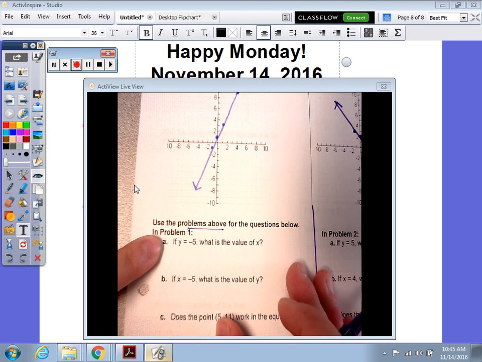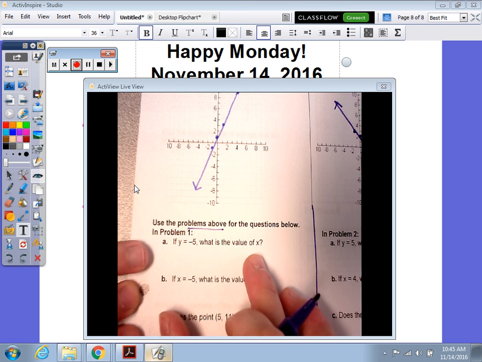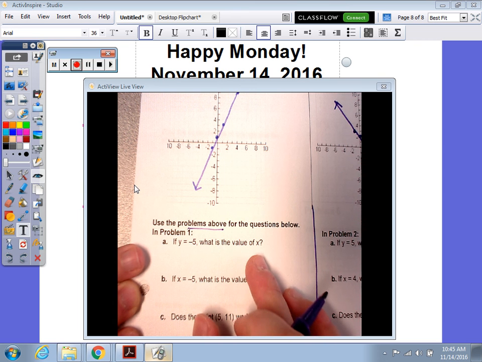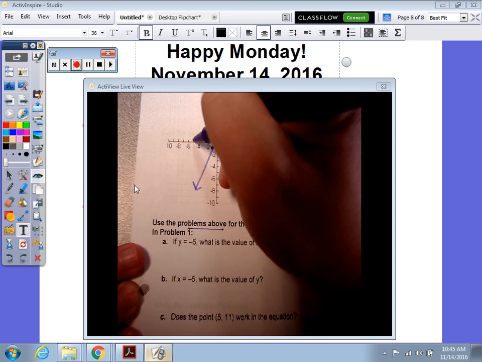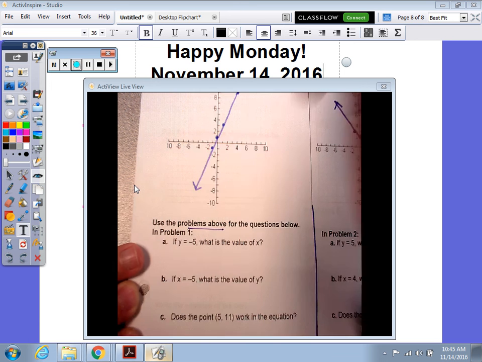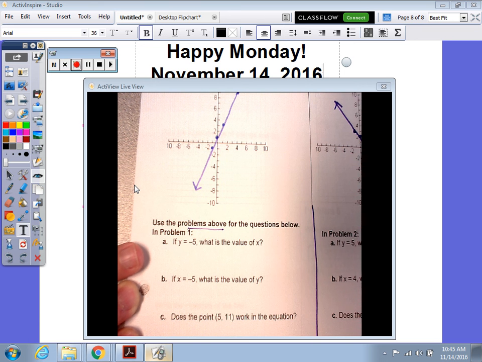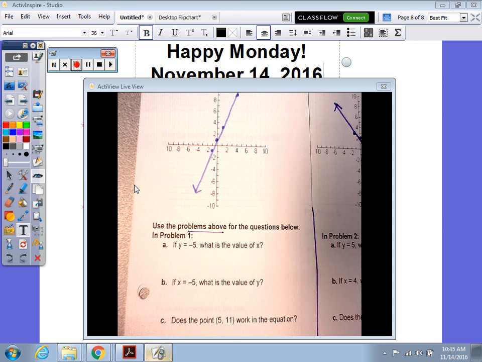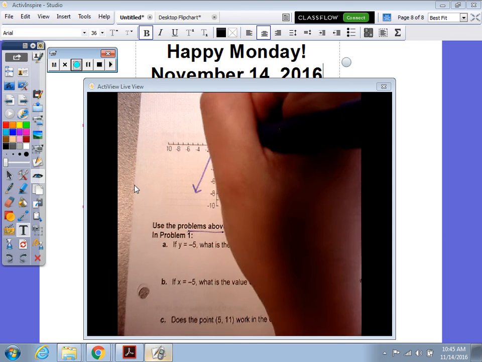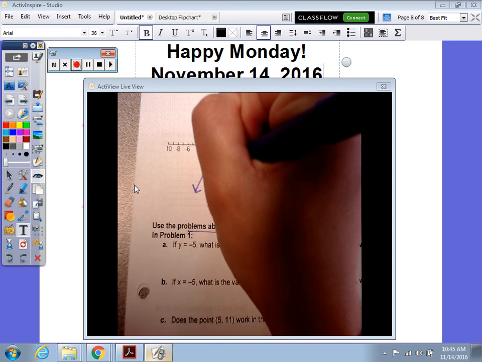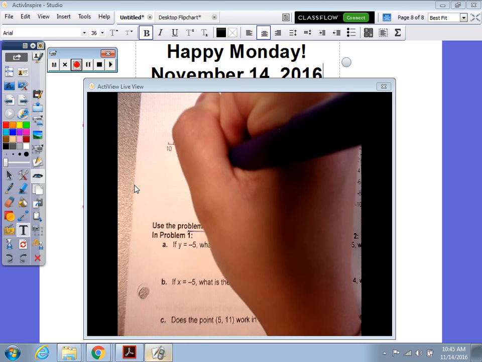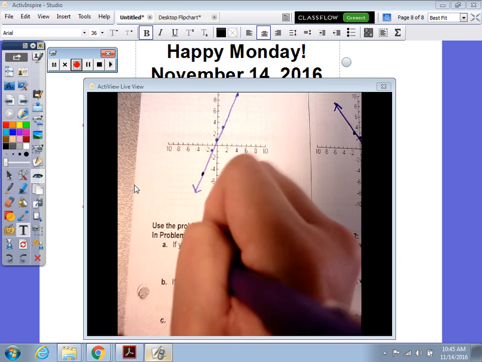So if y equals -5, what is the value of x? And so what we can do is find where it is -5 and what our value is when y equals -5. 1, 2, 3, 4, 5. 1, 2, 3. And you probably can't see it, but x should equal -3.